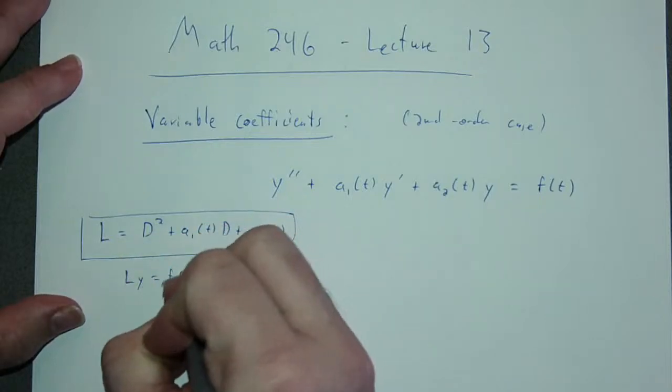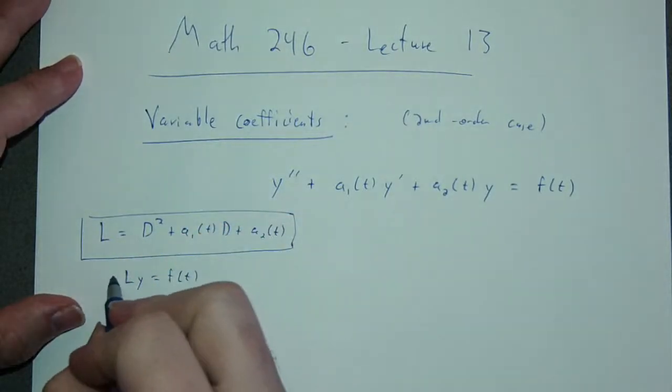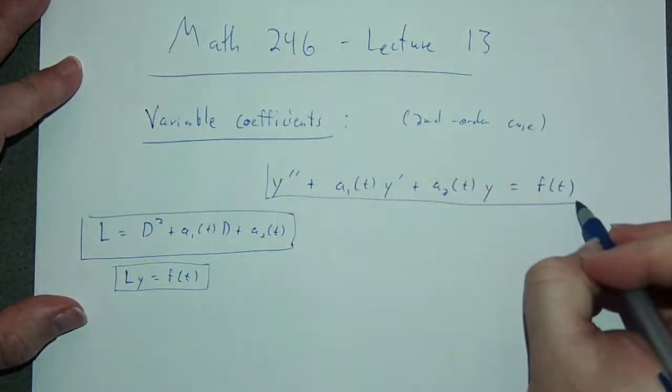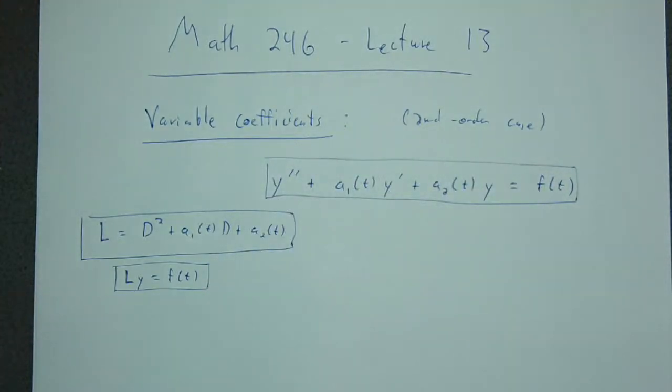So rewriting this equation in a simpler form, it would be Ly = f(t). A lot of times you're just going to see it written out fully like this. Even when we're talking about it generally, I'll usually write it out like that. For a non-homogeneous equation with constant coefficients, we had two main methods to find a particular solution, and this particular solution allowed us to find a general solution.